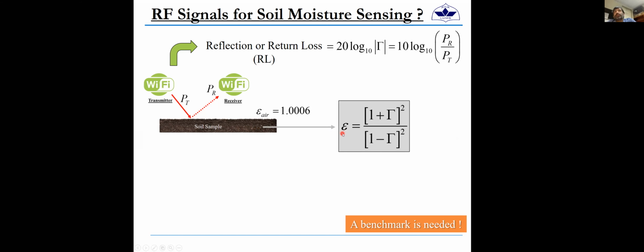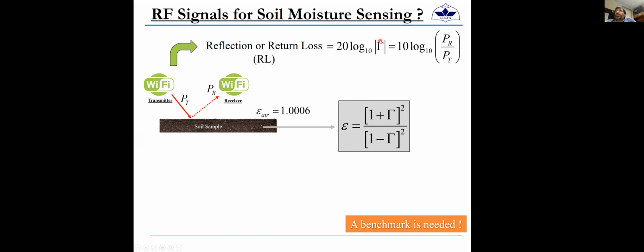Now epsilon क्या है हमारे पास? Permittivity of this soil sample. Since it is pure air, we know its permittivity, which is 1.0006. इसको अगर मैं the previous हमने एक formula देखा था उसमें substitute कर दूं और इसको मैं rearrange करूं, I get epsilon in terms of that reflection coefficient.